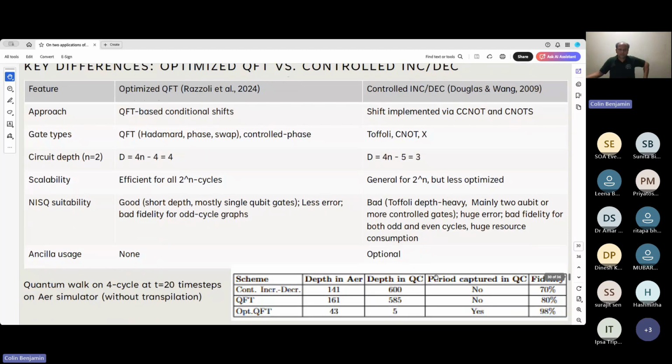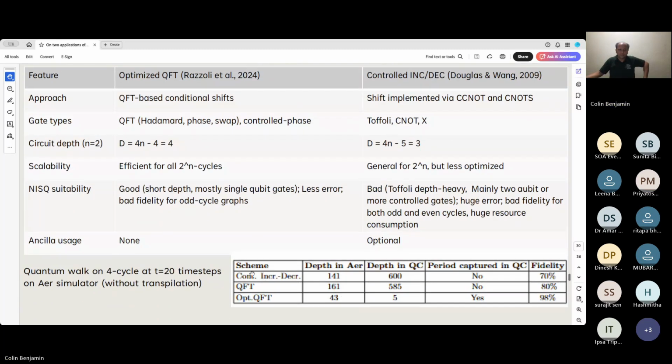So here are some values for your gates. Here, without transpilation means without using the native gates. Because in modern quantum computers, these NISQ devices, you have to transpile them. You have to convert whatever gates are in your QSQT based proposal to a native set of gates.